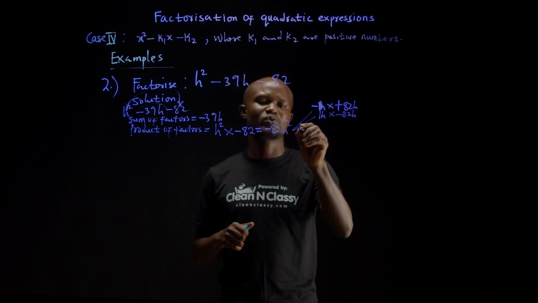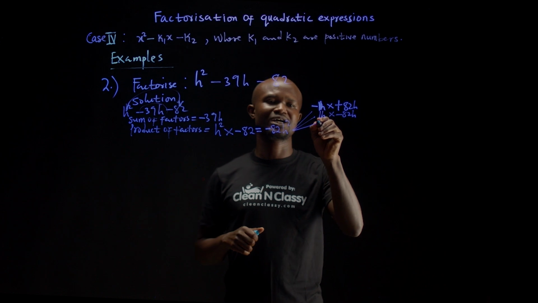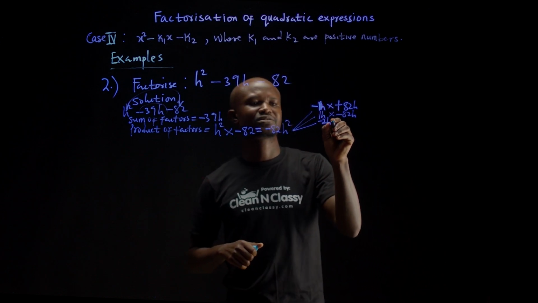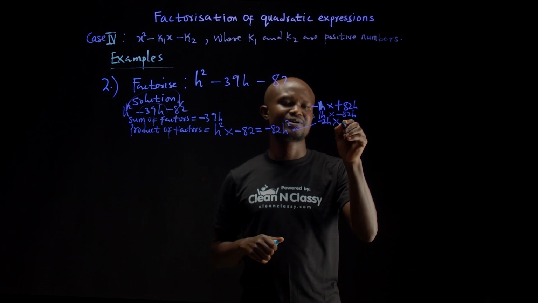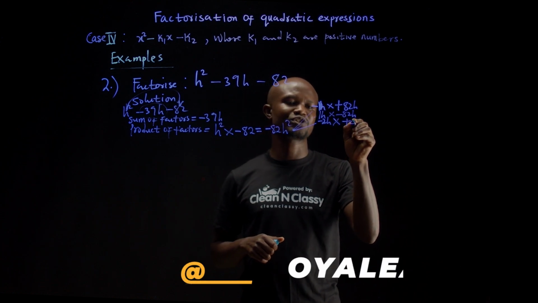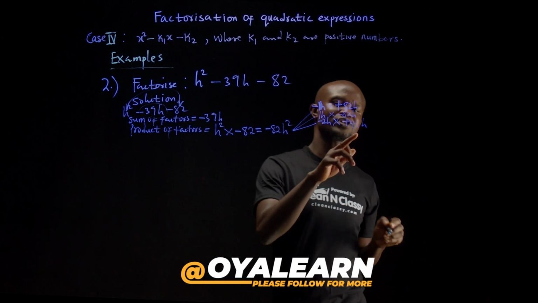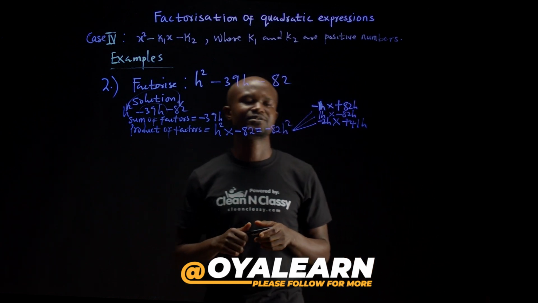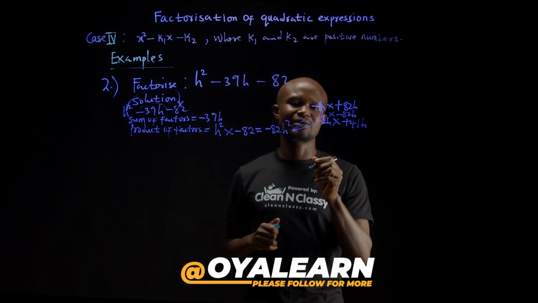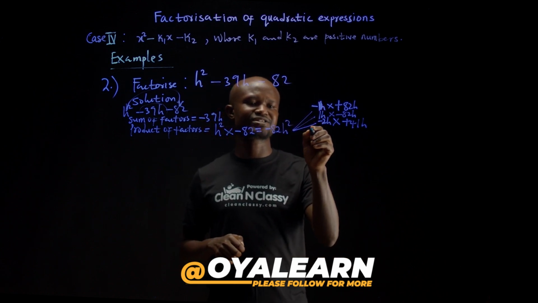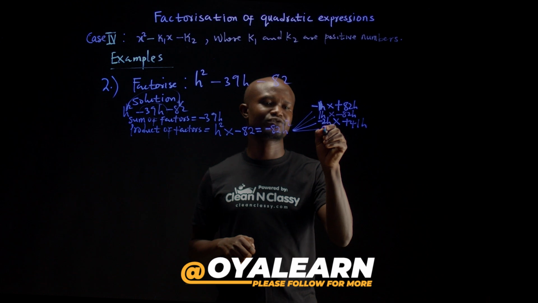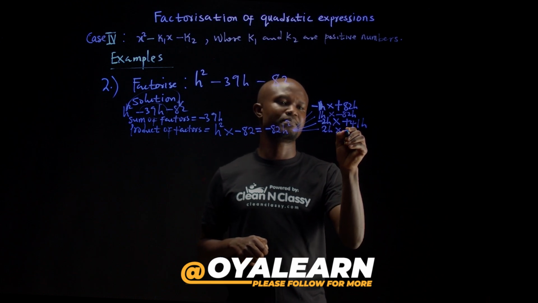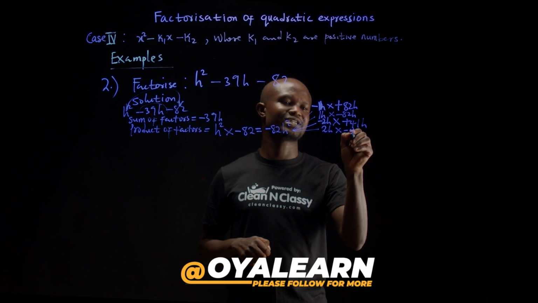Also, we can have, using 2, minus 2h times what? Times plus 41h. Because 41 times 2 will give us 82. Now, in that case, we can also have 2h, that is positive, times minus 41h.